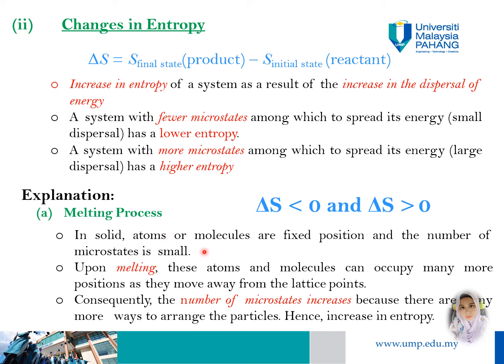In a solid, atoms or molecules are in fixed positions or in order, and the number of microstates is small. Then upon melting, the atoms and molecules can occupy more positions as they move away from the lattice points. So the number of microstates increases because there are many ways to arrange the particles, and this increases the entropy.